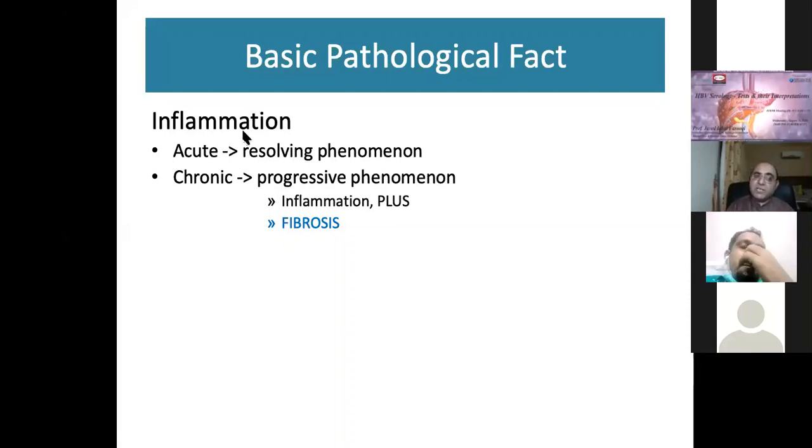In contrast, chronic inflammation is a progressive phenomenon and may exist for weeks, months or even years, and at times lifelong, like autoimmune inflammations. Another point we know is that chronic inflammation is specific because it has inflammation as well as a component of healing, and the component of healing is by fibrosis in most cases.